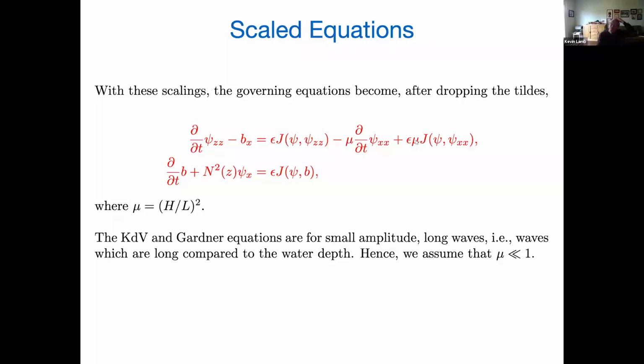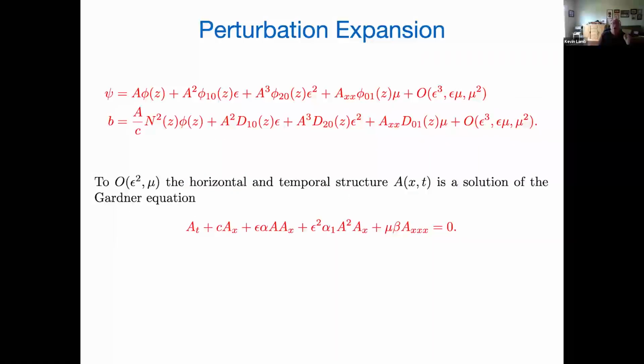So the KdV and Gardner equations are for small amplitude long waves, so waves for which epsilon is very small and mu is very small. Okay, so we can look for solutions in terms of a perturbation expansion. So here's my expansion in powers of epsilon. I've got order epsilon, epsilon squared, and mu here, and then higher order terms.